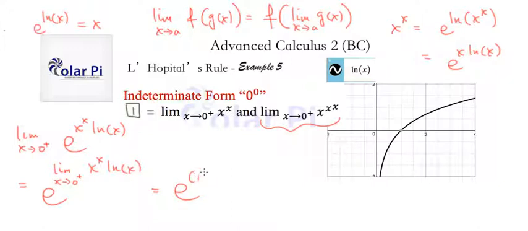So we have 1 times the limit as x goes to 0 from the right of ln of x. We've already talked about that. That's negative infinity. So we have e to the negative infinity, which is the same thing as 1 over e to the infinity, which goes to 0. So the second limit is 0, but the first limit is 1.